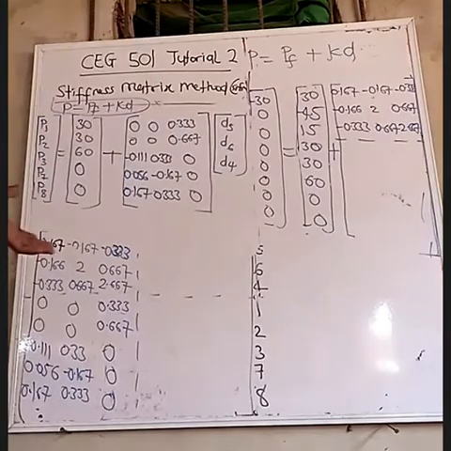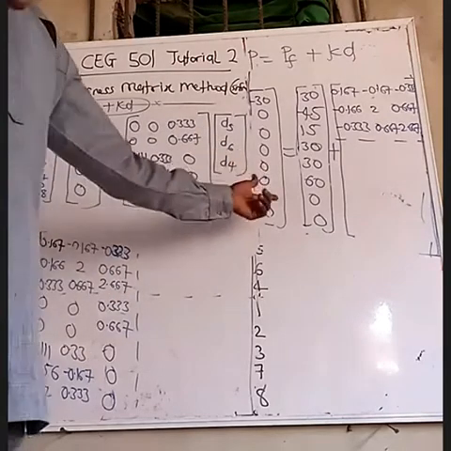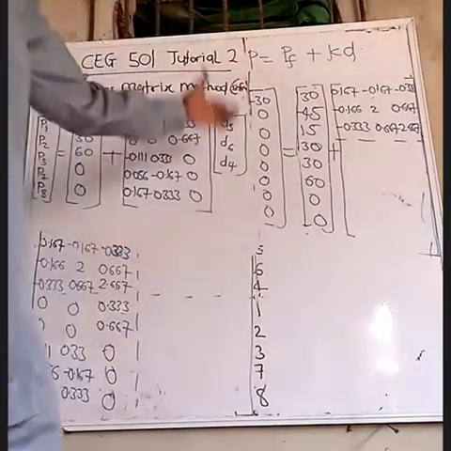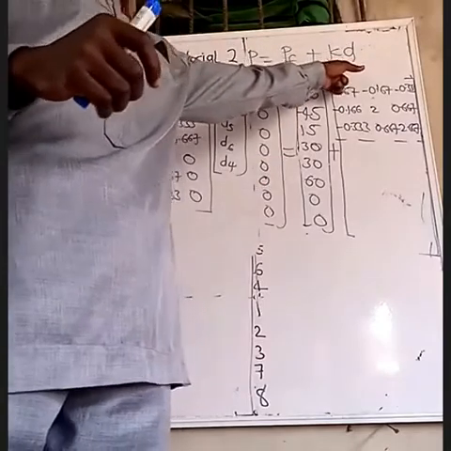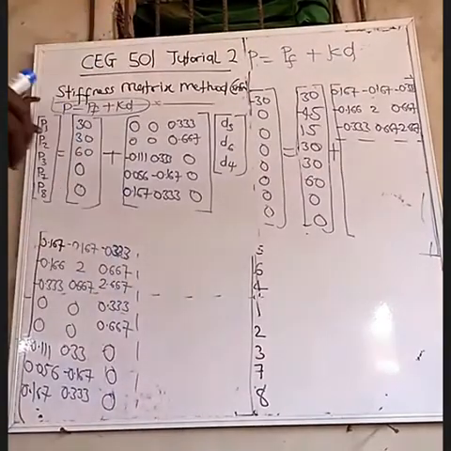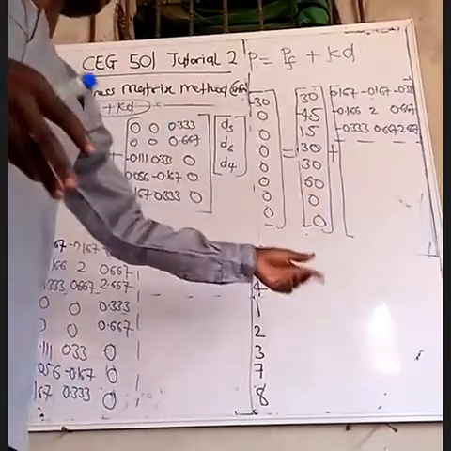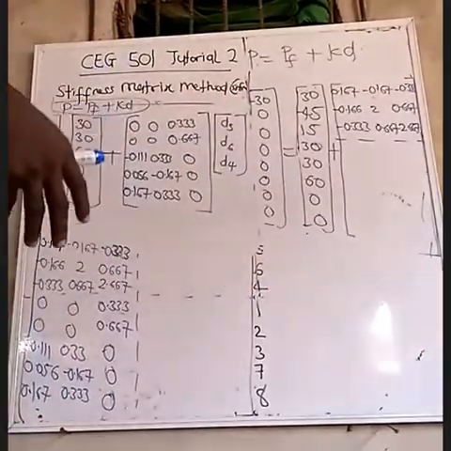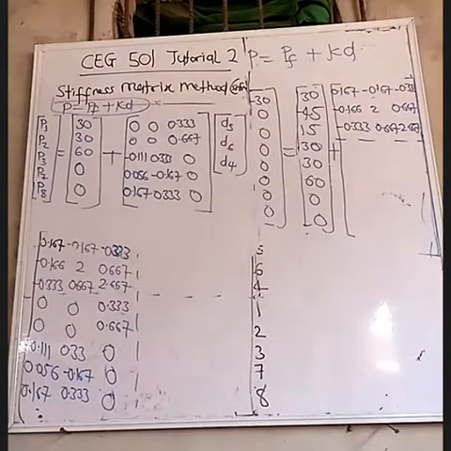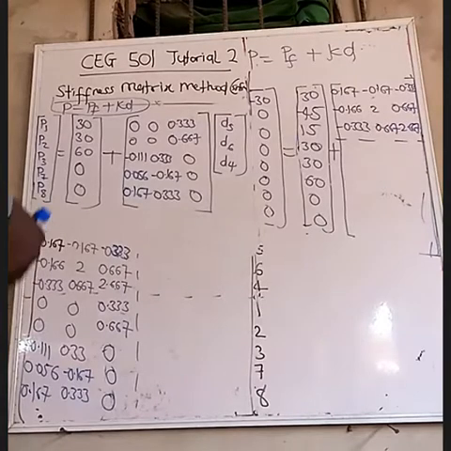So what we are doing is we first use the known loads to obtain the unknown displacements. But now we are using the now known displacements to get the unknown reactions. Is that clear? We want to find each of the forces using the known values for D4, D5, D6.